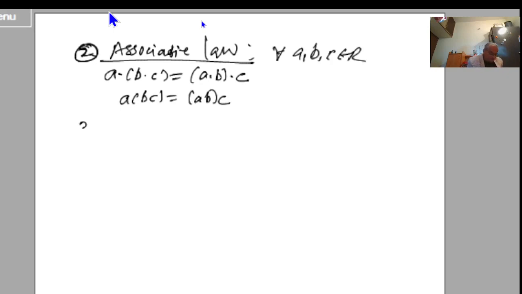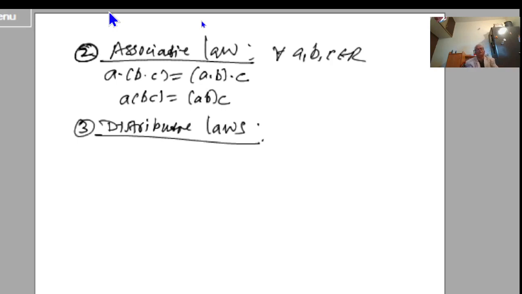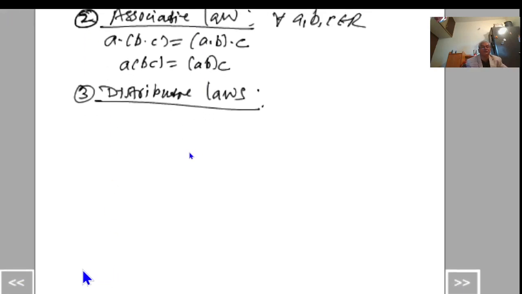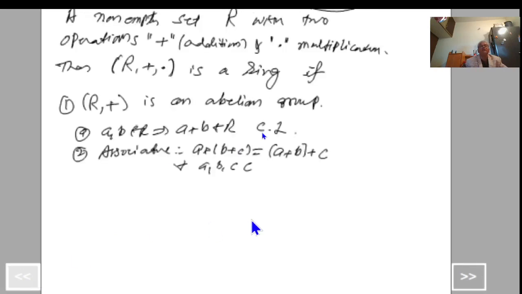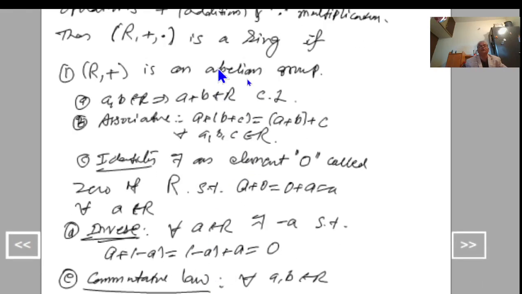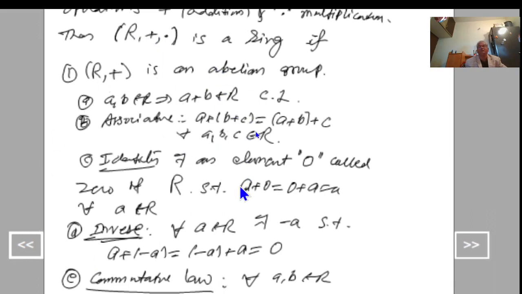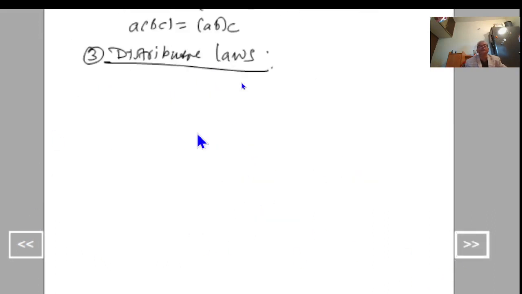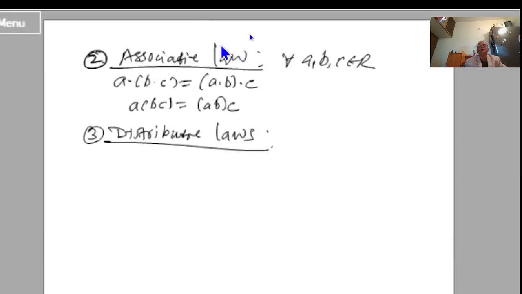And the third one, distributive laws. So here the first axiom is related with only addition: with respect to addition, R is an abelian group. And the second axiom is the associative law, only with respect to multiplication, so this is related with only the second operation, dot.